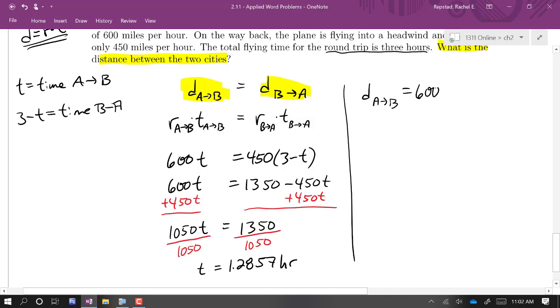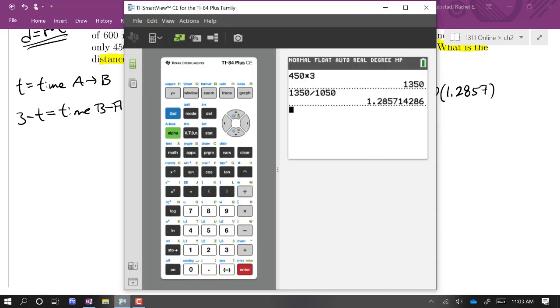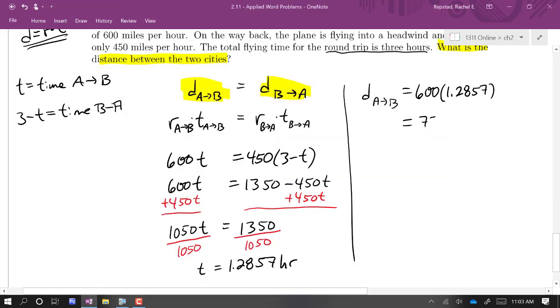So 600 times 1.2857, I get 771.42, and that would be miles.